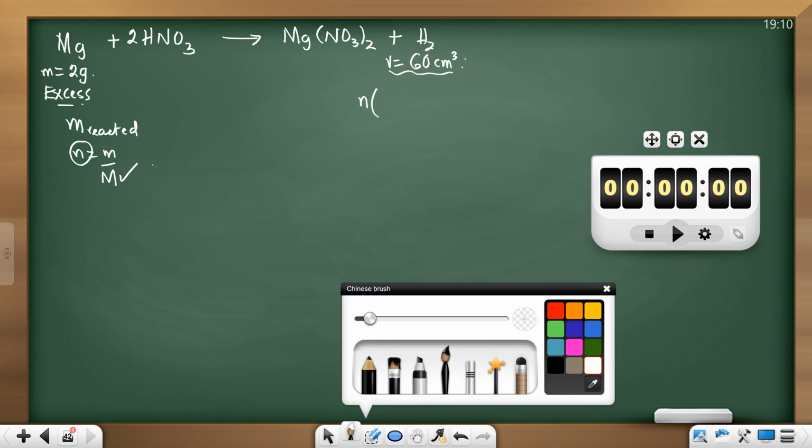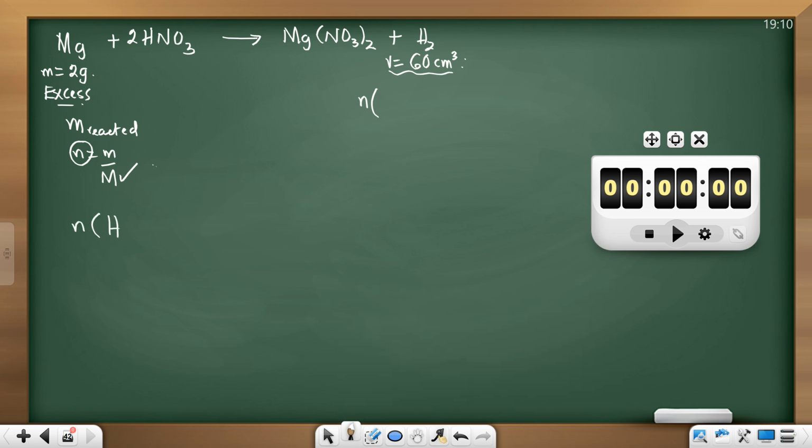Number of moles of hydrogen gas is volume over molar volume. Can we divide 60 by 1,000? 0.06. Do we agree? Why am I dividing? Because my molar volume was given in dm cube. We okay there? Mole ratio of hydrogen gas. What's my mole ratio?